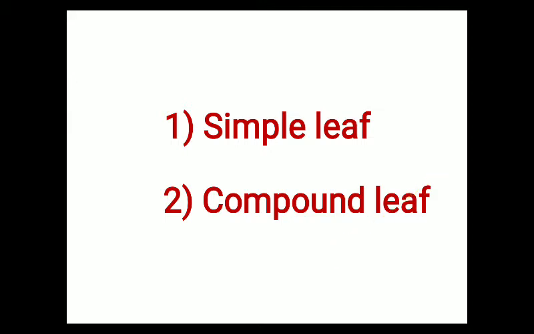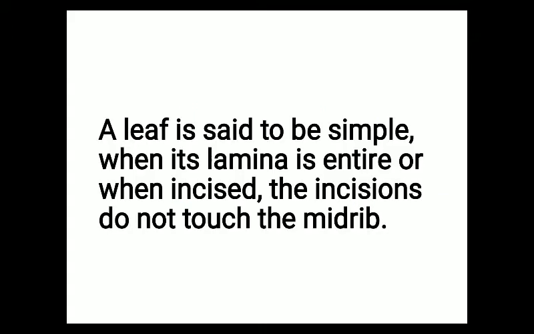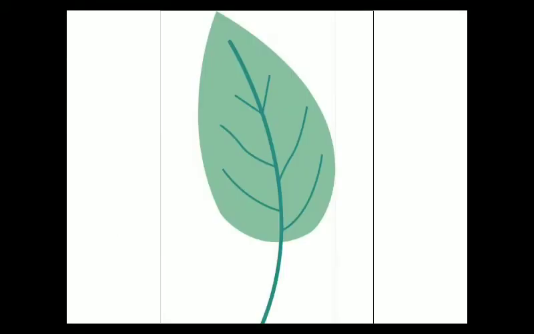Now we'll discuss about simple leaf. What is simple leaf? A leaf is said to be simple when its lamina is entire or when incised, the incisions do not touch the midrib. So if the lamina part will be entire or complete, then such type of leaf will be known as simple leaf.